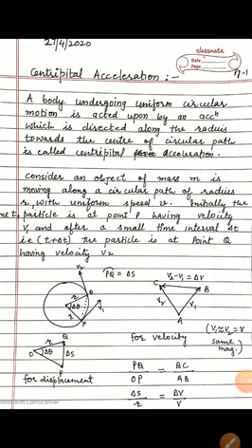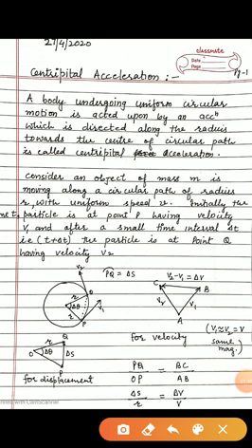Now we shall find the magnitude of the centripetal acceleration of a body of mass m moving along a circular path of radius r. Consider that initially the object is at point P, and after a very small time delta t, the particle is at point Q. The velocity at point P is like this, and at point Q the velocity is like this.